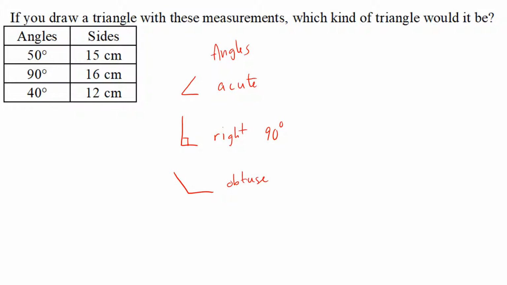So I can see here, right here, I have a right angle. So this is going to be a right triangle. And then I have to look at the sides. When I look at sides, I have scalene, that's all are different.